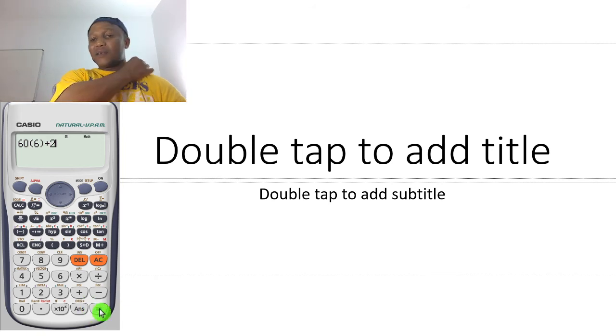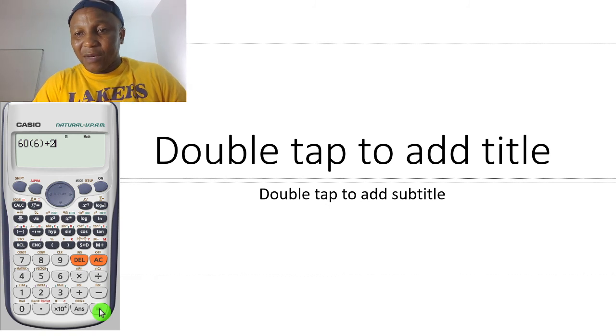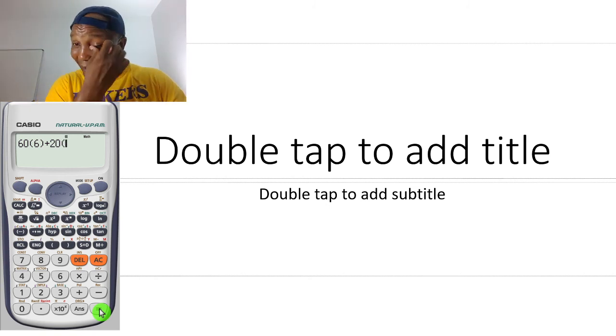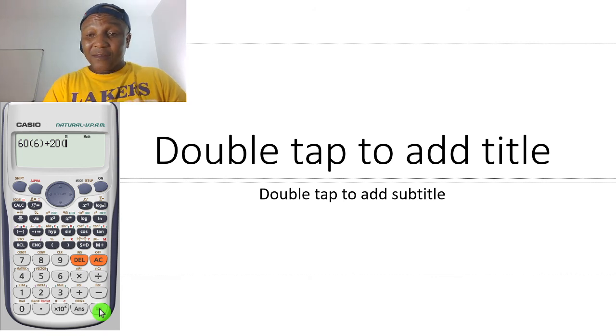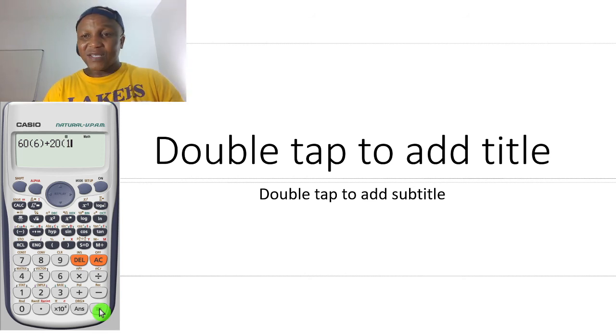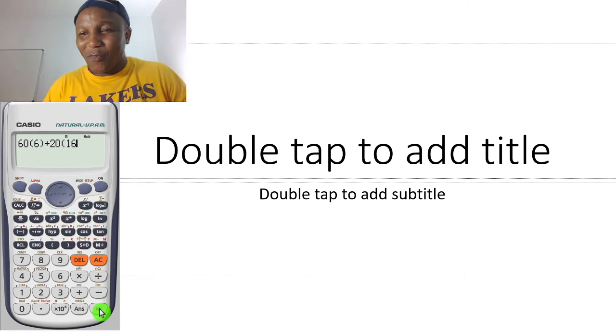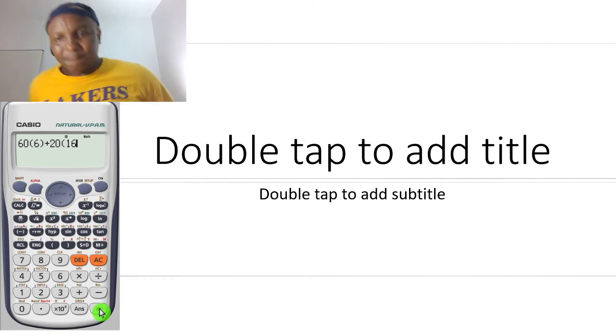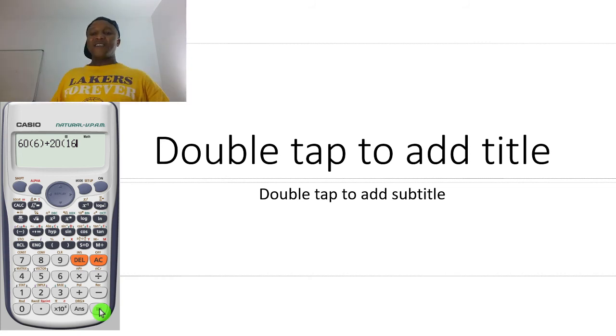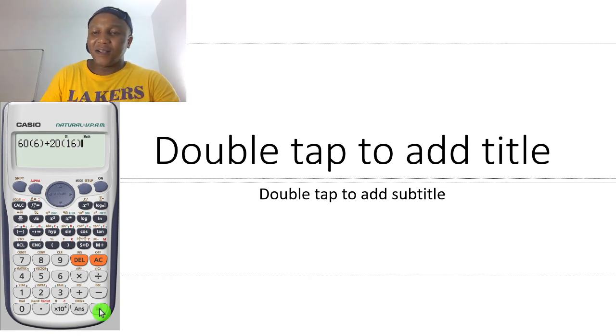Sometimes it can be a little bit slower when you plug in the calculator, but hey, be patient with me. I'm going to fix this slowness, all the technical part. The calculator is slow, so we're just waiting for the answer.